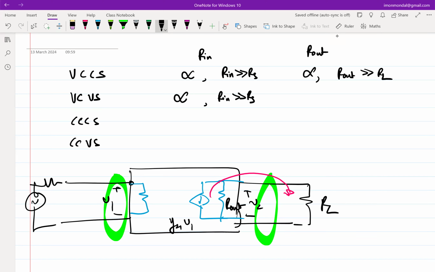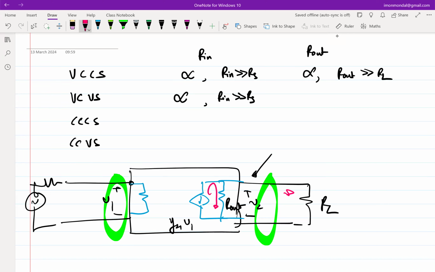Similarly, if the stuff inside the box has to behave like a voltage source, then I want the voltage that develops to be independent of RL. That essentially means all the current should flow into its internal resistance.